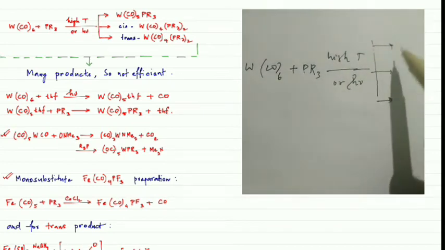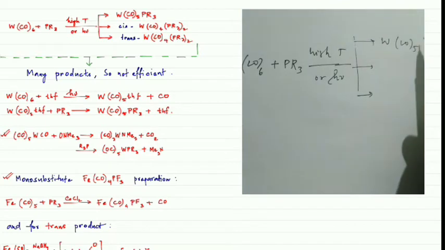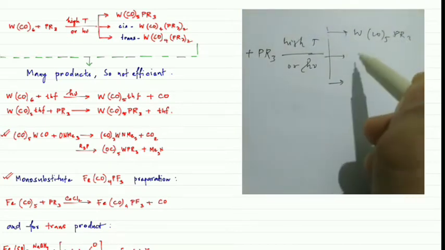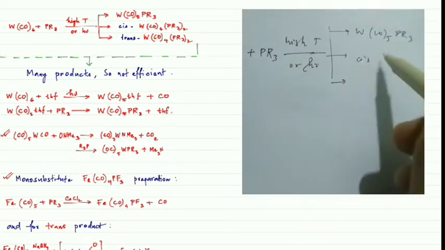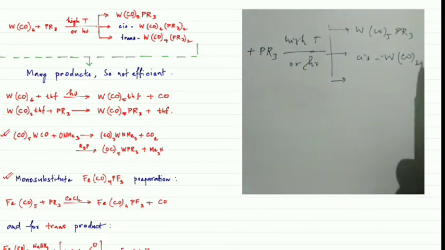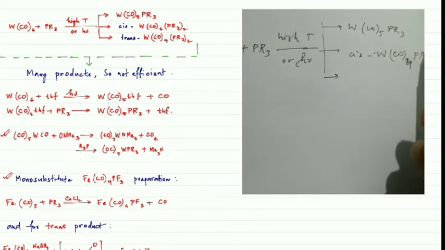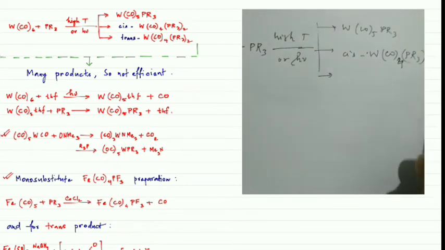The first one is normal W(CO)5 PR3. The second one is the cis product of tungsten, W(CO)4 (PR3)2.